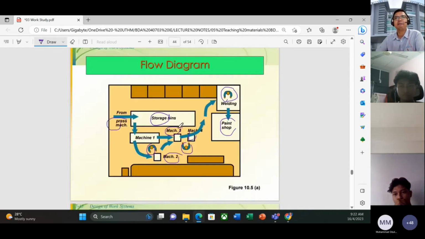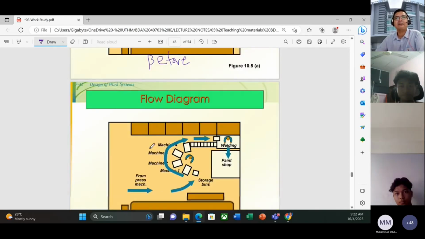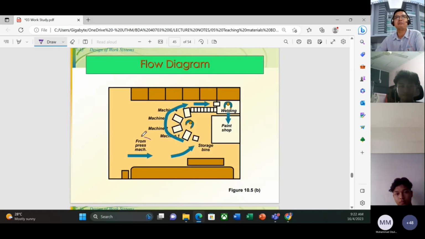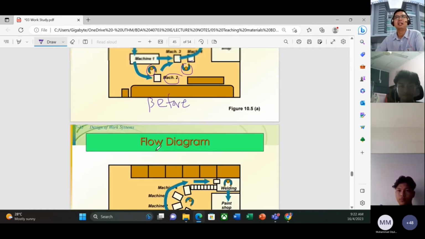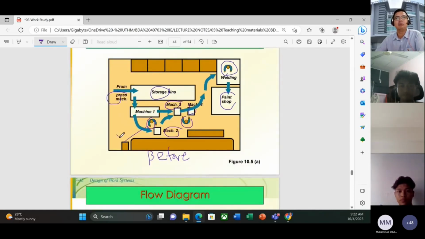This is the existing layout before we design our job properly with regard to ergonomic design, time study and work sampling. And this is after improvement from the press machine. Before, there were three workers: worker 1, worker 2, and worker 3.